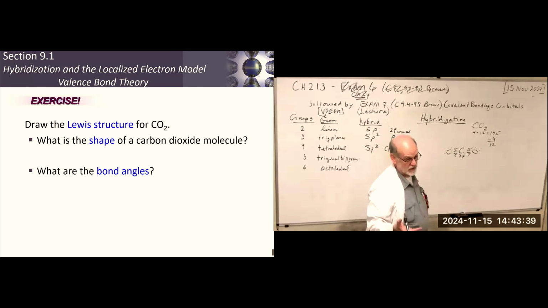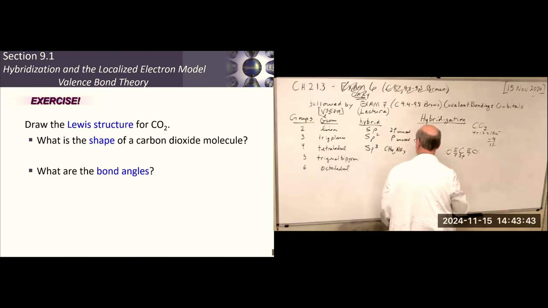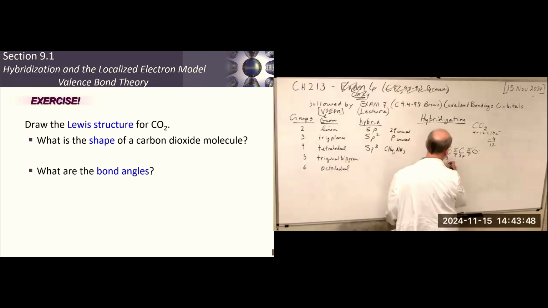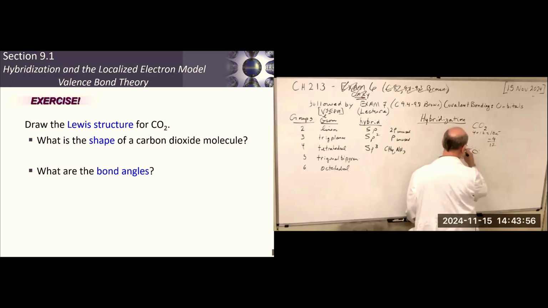So we have to look at oxygen also. Oxygen has 3 groups around it. It would be sp2 hybridized. That would give it 1 extra p orbital left over. And this one would also, so this one has an unused p like that and this one has an unused p there.